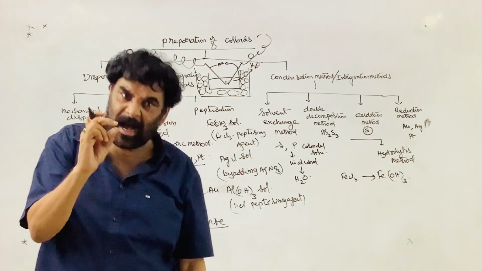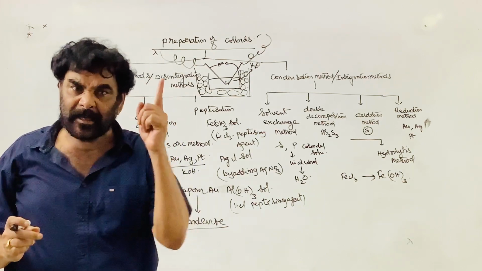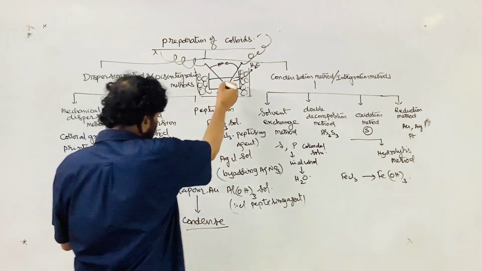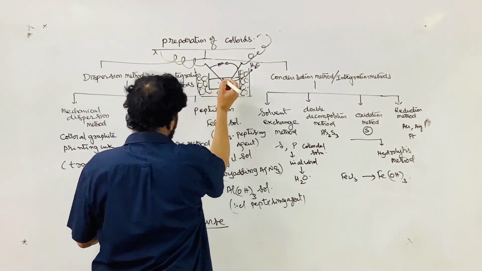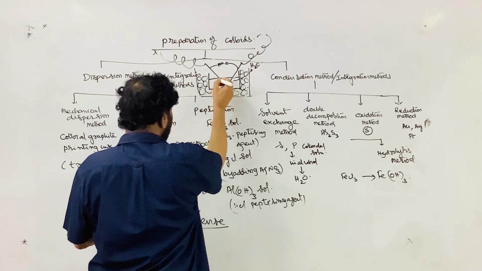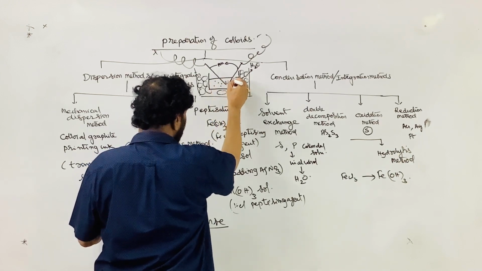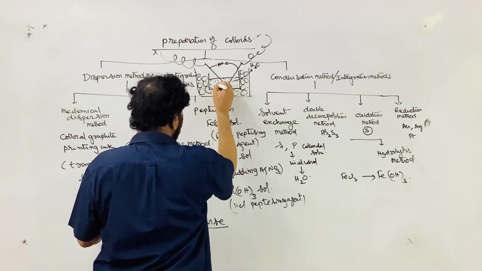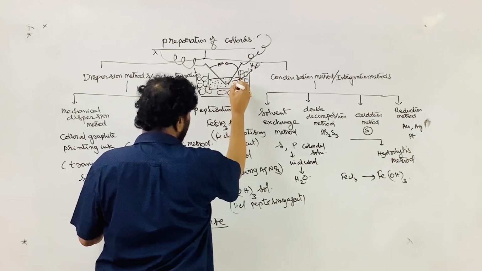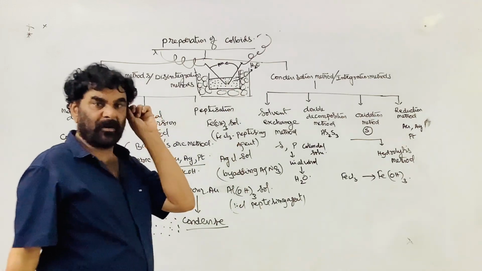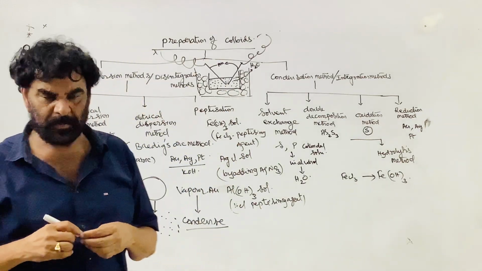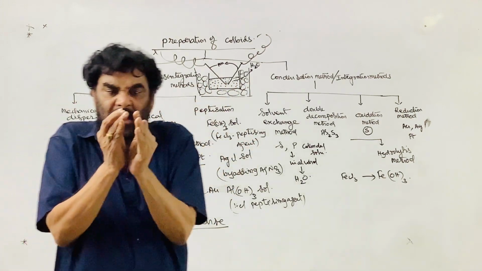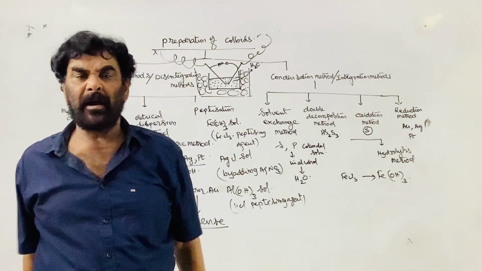Now the size of the aggregated gold particle is in the range of colloidal size. The vapors of gold combine and recombine, forming small aggregated particles. Gold atoms are combined and converted to colloidal size.